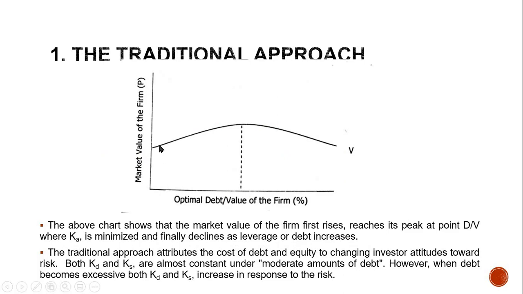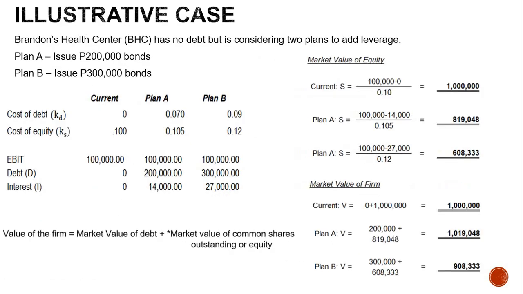At some point, when you borrow money to finance your firm's assets or to have more capital, it will result in the highest market value of the firm. But when the borrowing of funds becomes excessive, it results in a lower market value of the firm. Just like here: at zero debt, with capital entirely equity, the market value of the firm is 1 million.